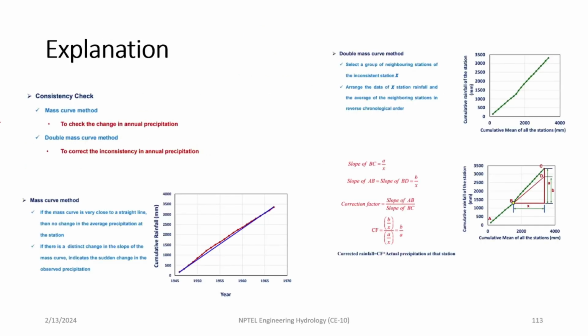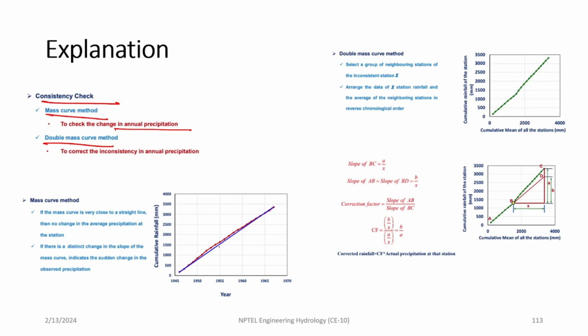So you can see the explanation that consistency check can be done by using the mass curve method or the double mass curve method. For the mass curve method, what we are checking is the change in annual precipitation, how much change has been done.